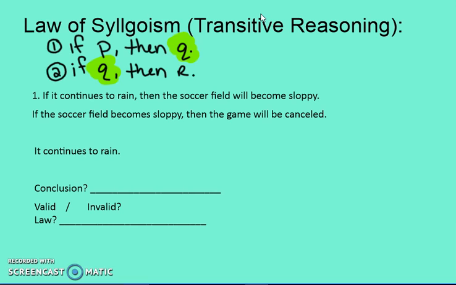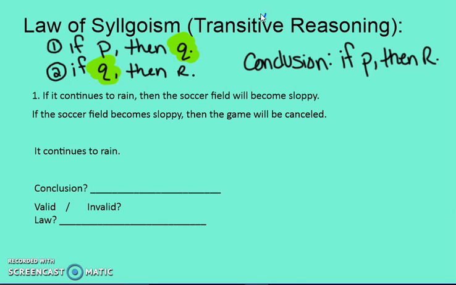As long as you have that, our conclusion for every law of syllogism is then going to become if P, then R. It's like those Q's cancel each other out.